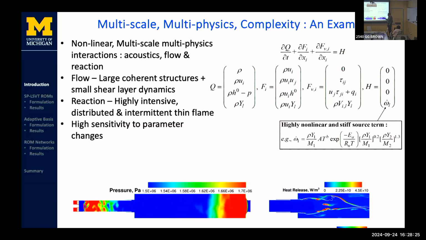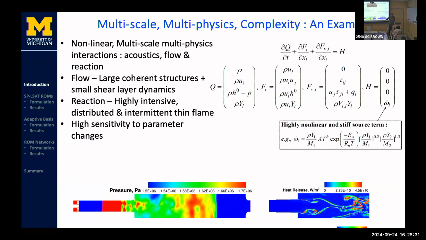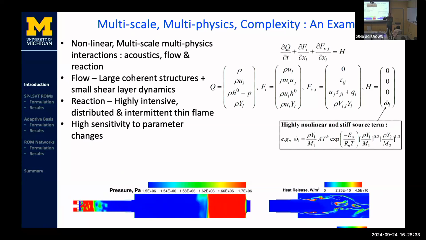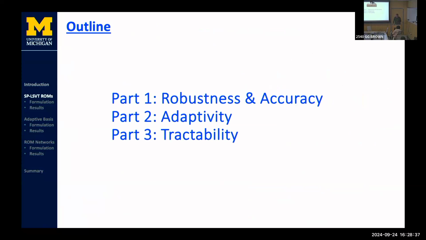And no snapshot is the same as the previous snapshot because of chaos. That means things go out of basis, out of manifold all the time. So this talk has 3 parts, and given we have a lively conversation, I'm just going to focus on 2 parts. First part is, yes, we can write these ROMs, but can you keep them stable? That itself took us about 3 years to solve.